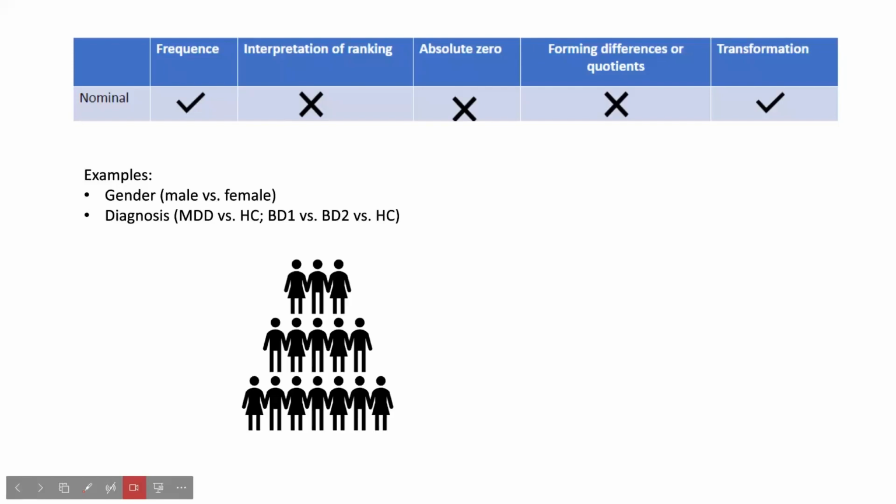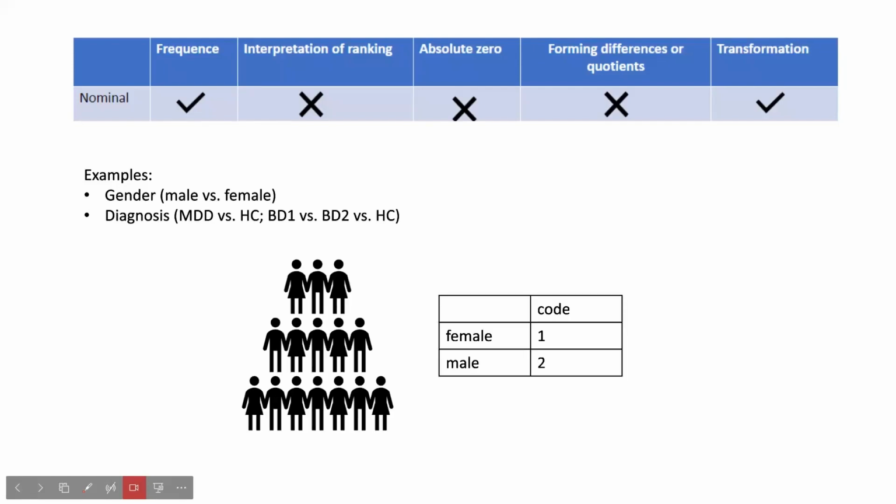So we have this sample, and we can categorize them into a male group and a female group. We can give the number 1 to the people who are female, and the number 2 to the people who are male. And it could be reversed.